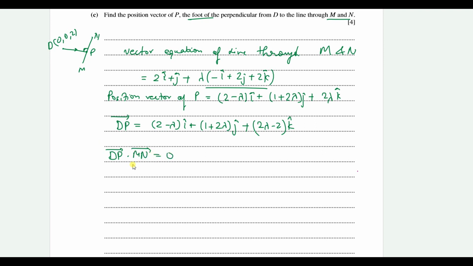Hence we get 2 minus lambda into minus 1, plus 1 plus 2 lambda into 2, plus 2 lambda minus 2 into 2, and this will be 0 because they are perpendicular. From here we can simplify: minus 2 plus lambda plus 2 plus 4 lambda plus 4 lambda minus 4 is equal to 0.